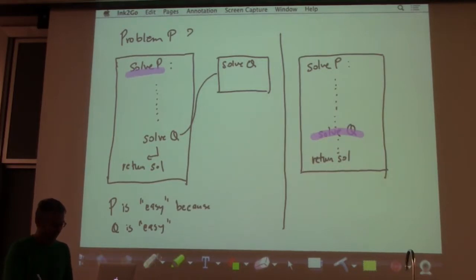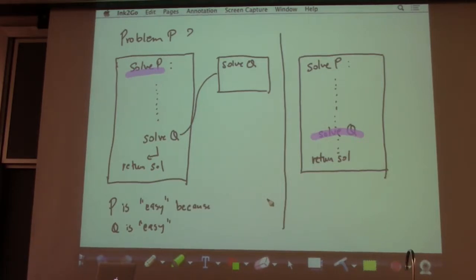And that's where things start getting weird. When we want to show that problem Q is hard, we're invoking the setup where we were solving P using Q. Remember, the rationale was that P was easy because Q was easy.